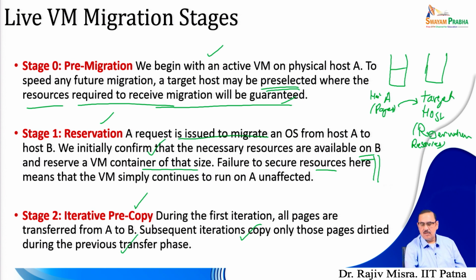So, all the memory of that virtual machine will be copied over during the pre-copy phase, and then the virtual machine continues to run. Whatever pages are dirtied, only those will be copied in the further iterations.